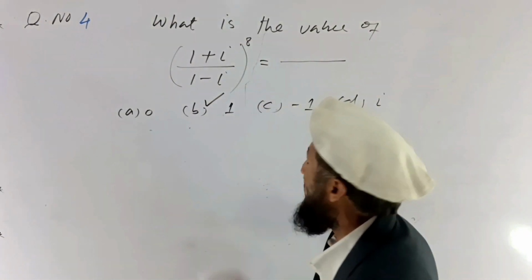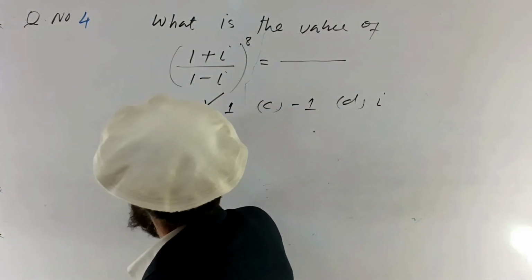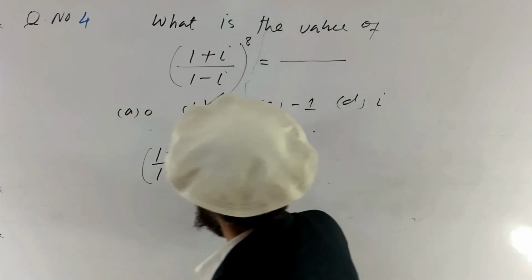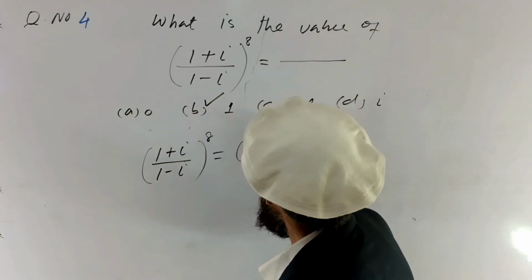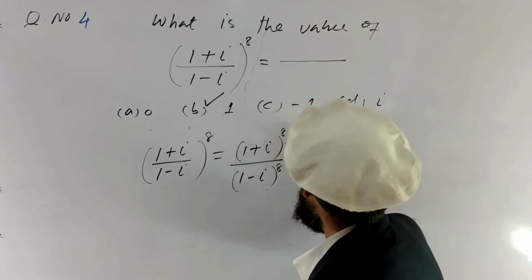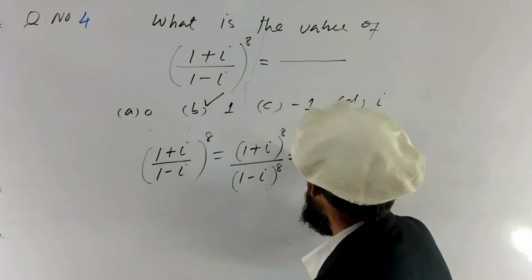If the power is even, the result will be equal to 1. If we are finding (1 plus iota) divided by (1 minus iota) whole power 8, the result will be iota whole power 8, so the result will be 1 divided by 1, which is equal to 1. So the correct answer is 1.